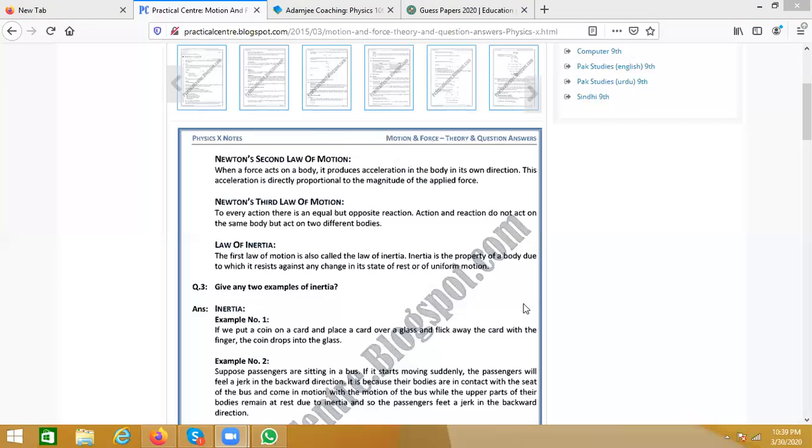For example, if you're going on a motorbike, let's say, and you are changing your velocity by pressing the accelerator, so what you're doing is changing your velocity. So this is what acceleration is. It is the change in velocity with respect to time.